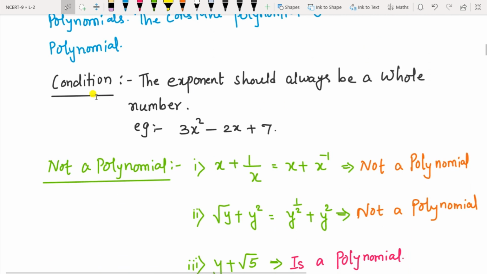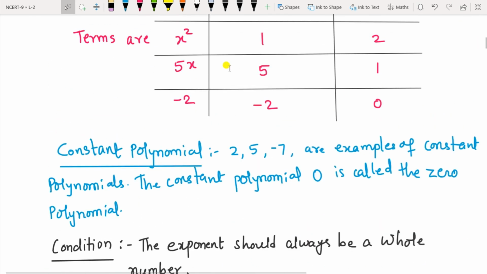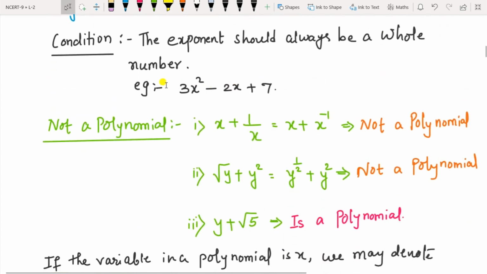Now what is the condition for a given algebraic expression to be a polynomial? The exponent should always be a whole number. For example, this is a polynomial: 3x square minus 2x plus 7. The exponents of the variable here are 2 and, in 2x, 1, so they are whole numbers.